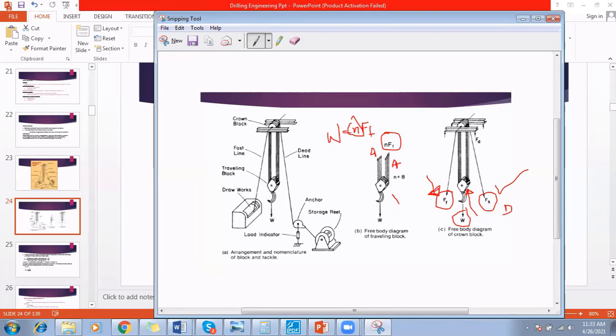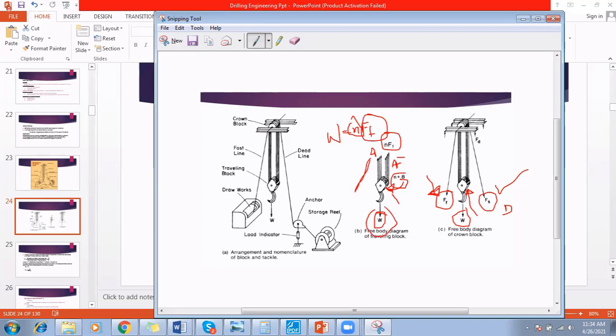When you add these lines, these will be 8. So these 8 lines are actually holding this load at the end of this hook. If you take the product of these lines with the force exerted on the fast line, then it will be equivalent to this total load.